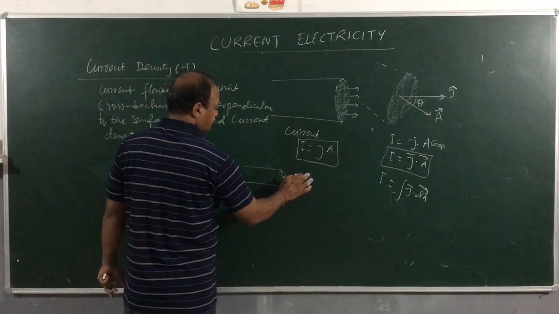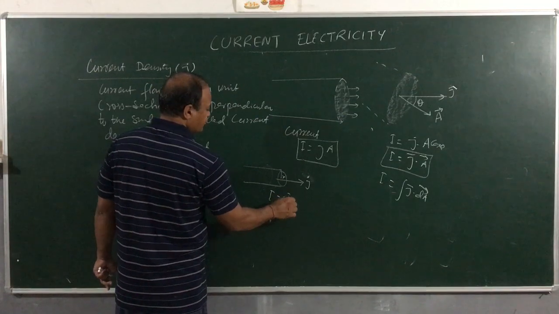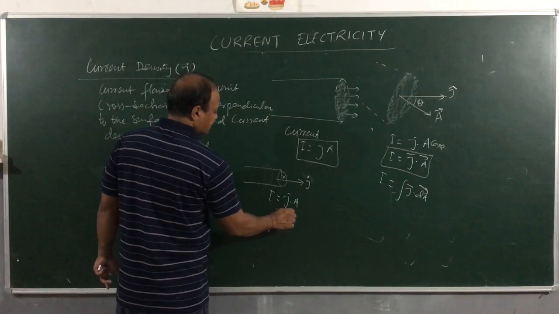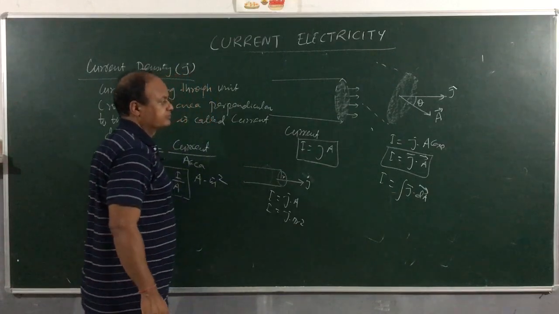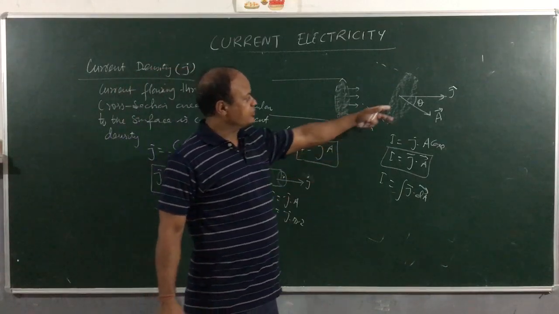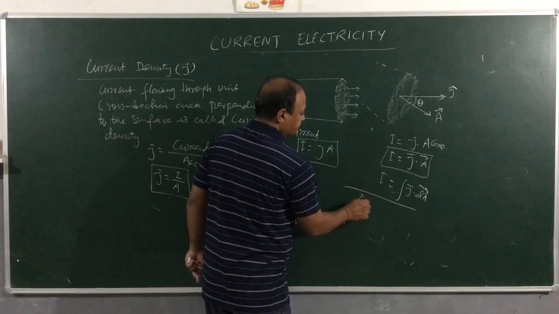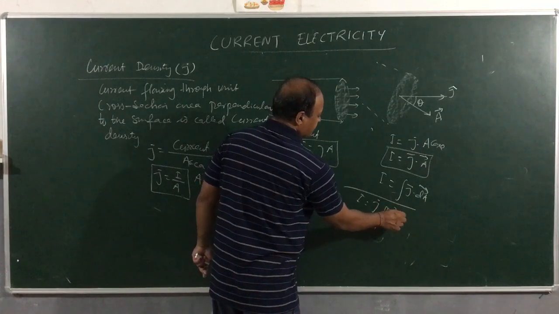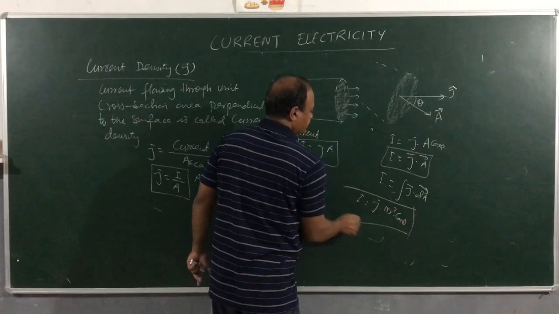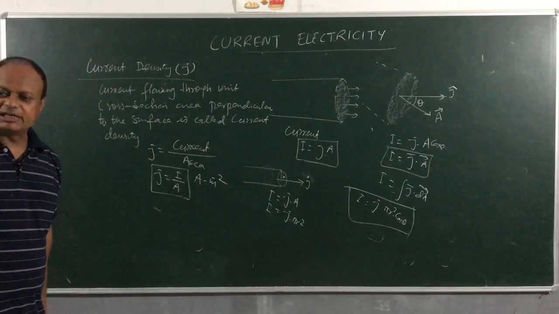So in this case, I will be equal to J into A, J into pi R square. If I use this formula, then I will be J into pi R square cos theta, and if required, we will be integrating.